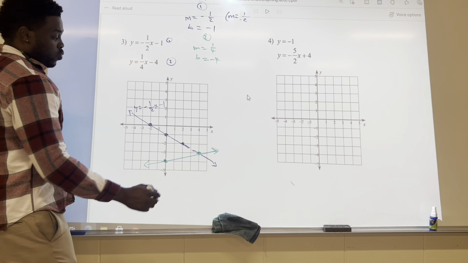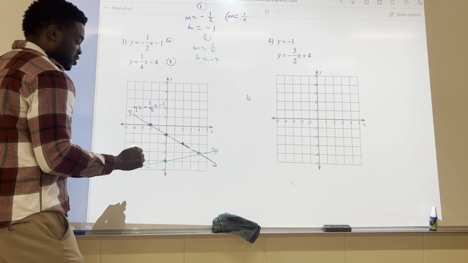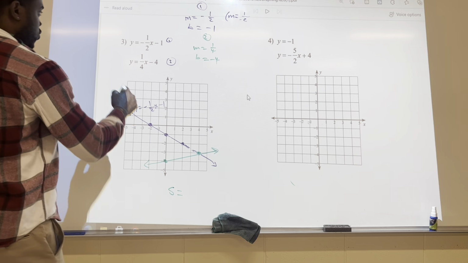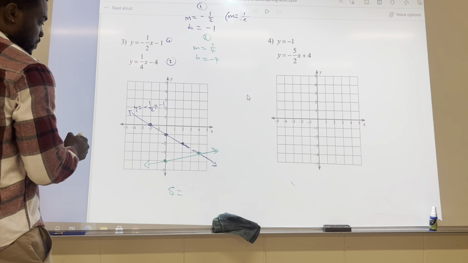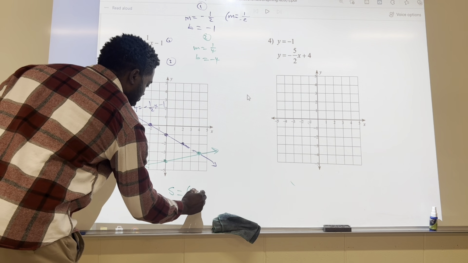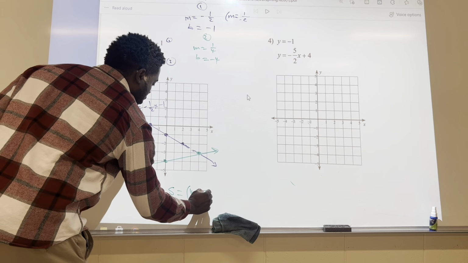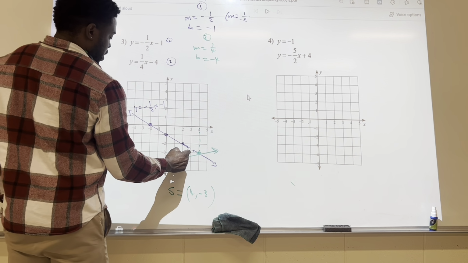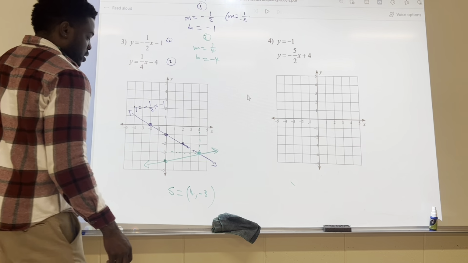So now I have the point of intersection, which is our solution for the system of equations, which is 4 and then negative 3. So you see where they meet, right? They meet over here. So that's the point of intersection.